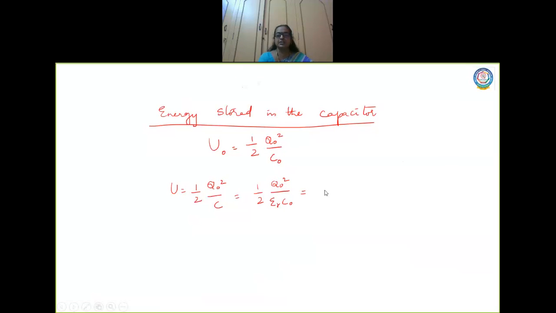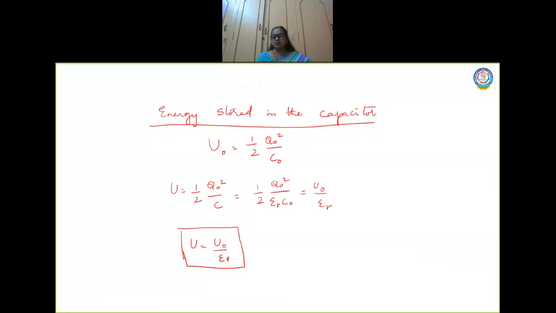So I can write this equation as U is equal to U naught by epsilon R. So this is the energy stored in a capacitor when a dielectric is introduced. Very, very important formula. Again, I have connected, like how we saw electric field, E is equal to E naught by epsilon R. Similarly, V is equal to V naught by epsilon R. Similarly, energy.